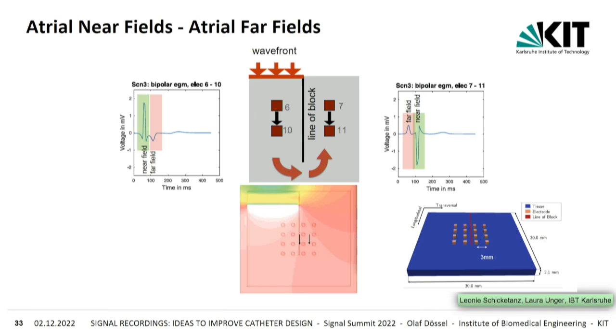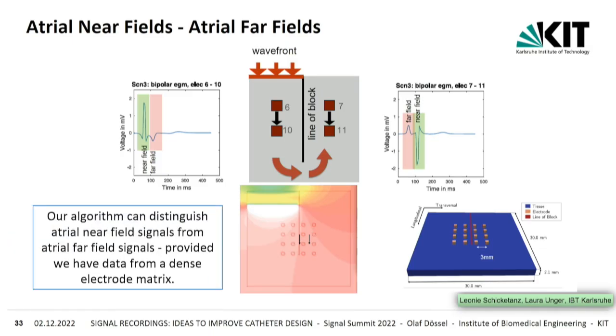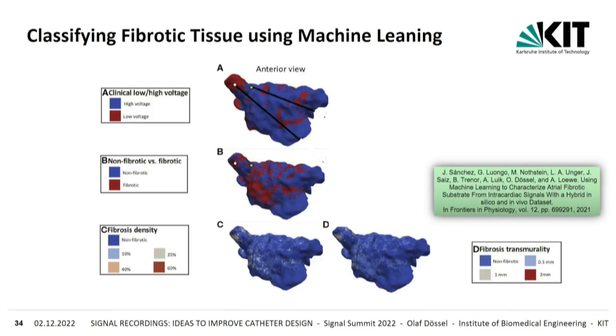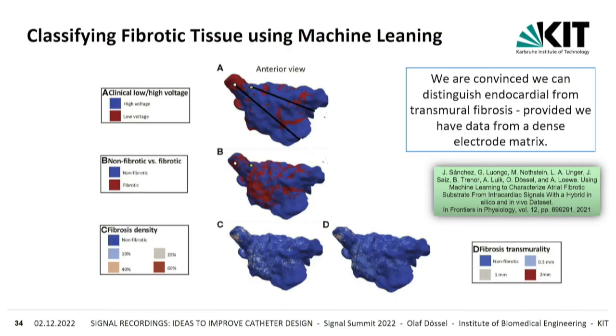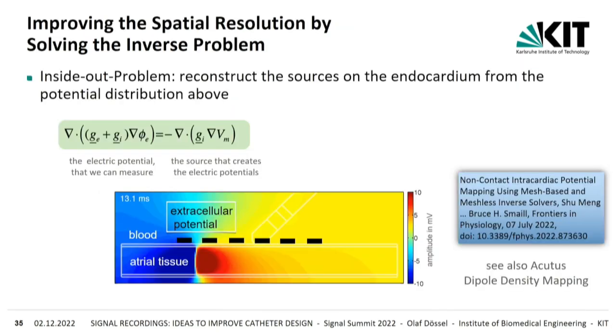We think that we can, with a dense matrix, distinguish between atrial near fields and far fields. We have also heard a lot about that from Sonny here. We have an algorithm that can distinguish atrial near fields from atrial far fields, provided we have a dense electrode matrix. We can also use machine learning with a dense matrix, and we are convinced that we can, in the long run, distinguish between transmural fibrosis and fibrosis that is only on one side.